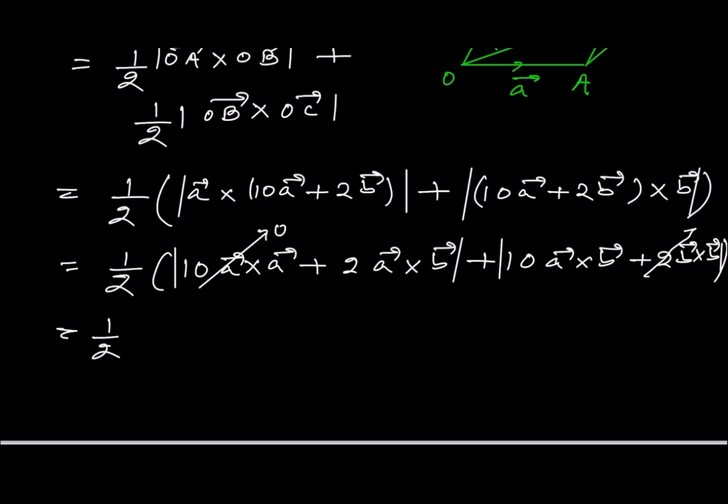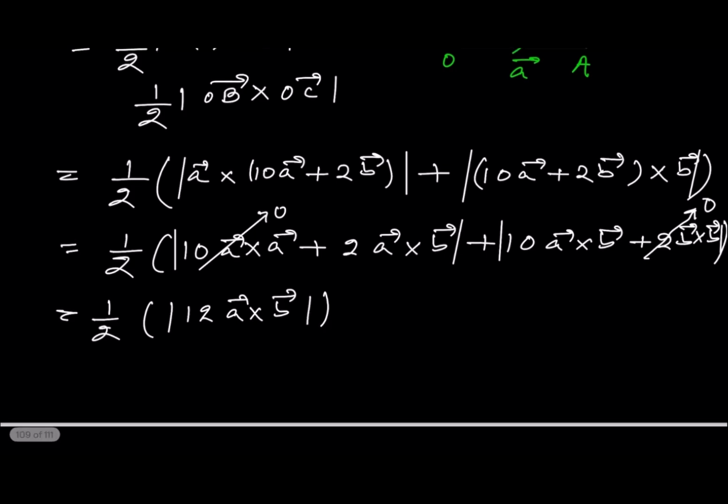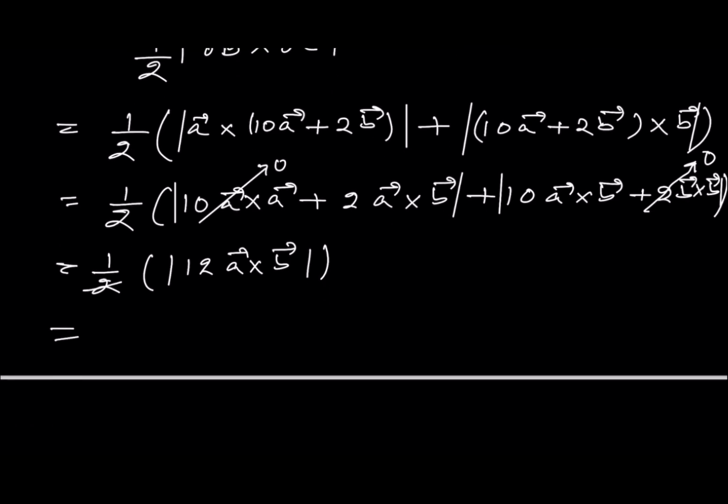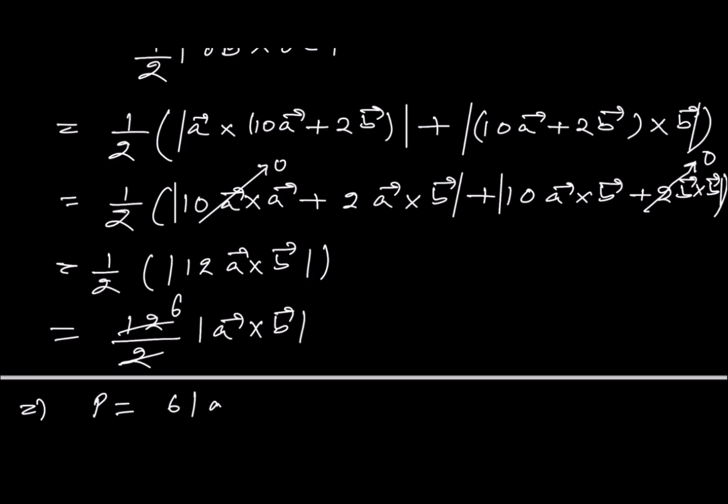Similarly, B cross B is also 0. So this is 2A cross B plus 10A cross B. This is nothing but mod of 12 A cross B. As 12 is a scalar, we can take 12 common. So P is nothing but 6 times mod of A cross B, right?